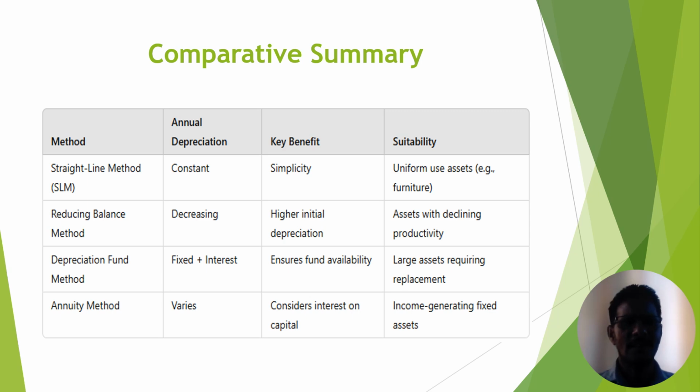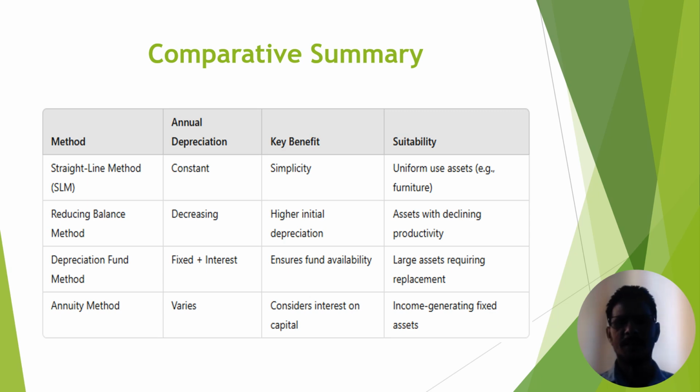Then the second method, reducing balance method. Under this method, the depreciation amount decreases every year. Suppose first year 10,000, second year 9,000, then 8,000, then 7,000. The key benefit is that in the starting years the depreciation amount is high, and if it is high, you can get a benefit from a taxation point of view.